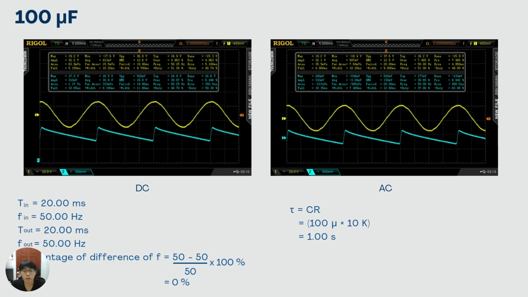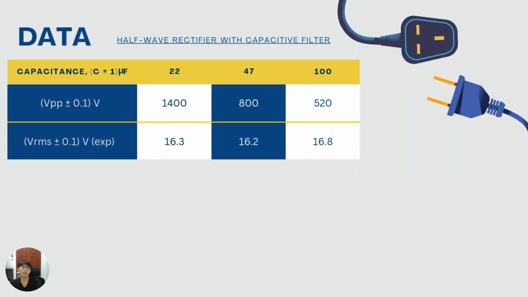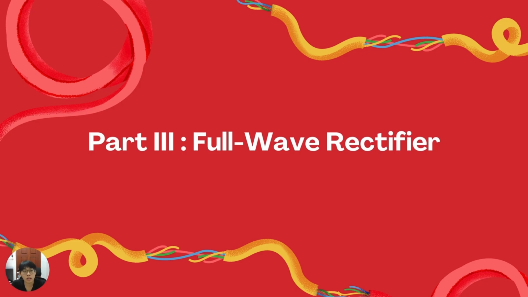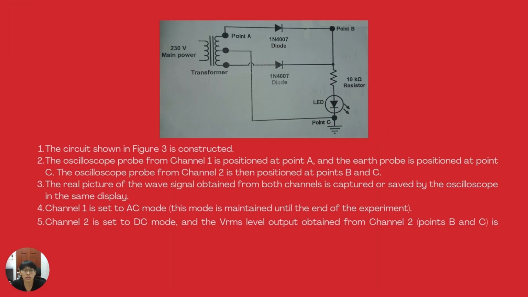So this shows that the V peak to peak for the higher capacitor will be lower. We also calculate the time constant, the period and the frequency in this part, and this will also be discussed later on.